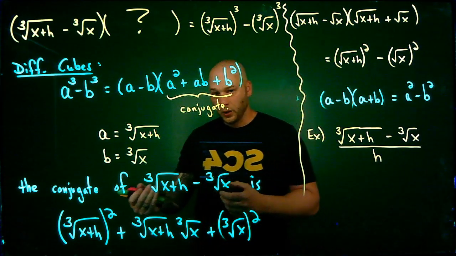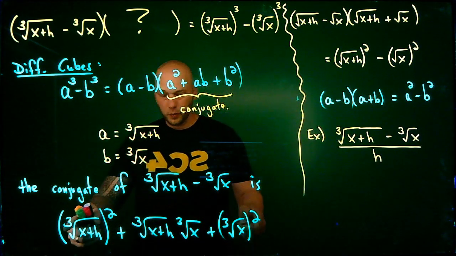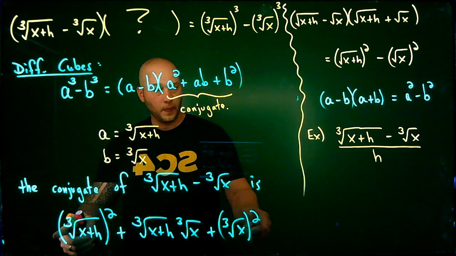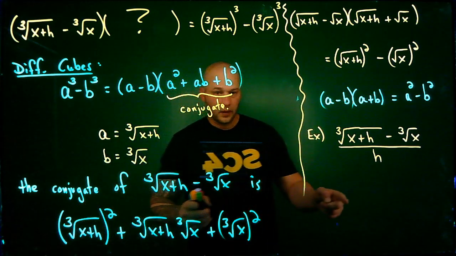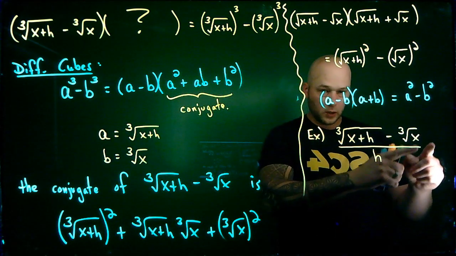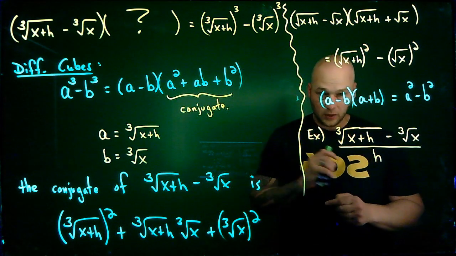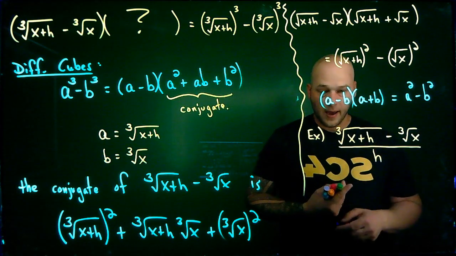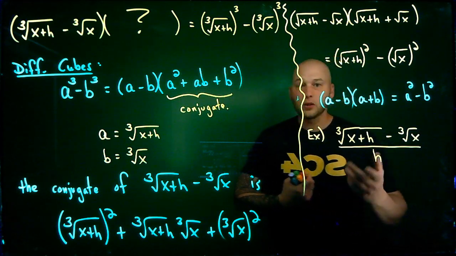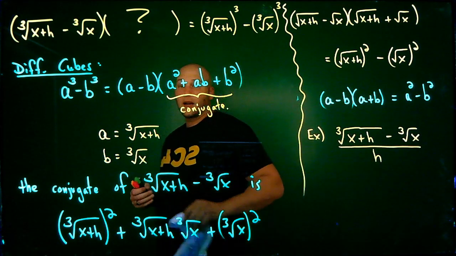Now, I'll show you the details, but if I take this expression right here that I have in the bottom, and I multiply the top and the bottom of this expression by that conjugate, I'll be able to rationalize the numerator. Okay, let's go ahead and check out those details.